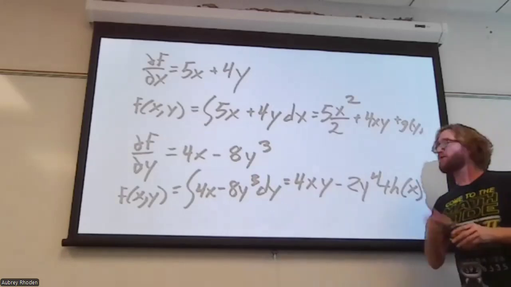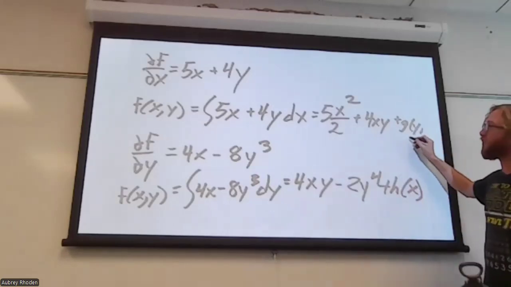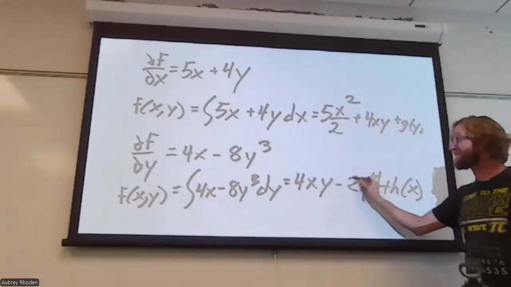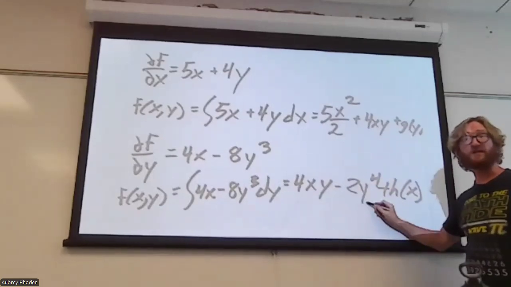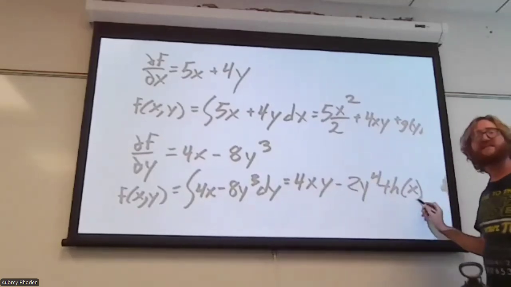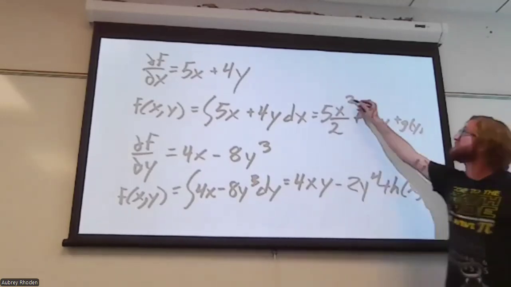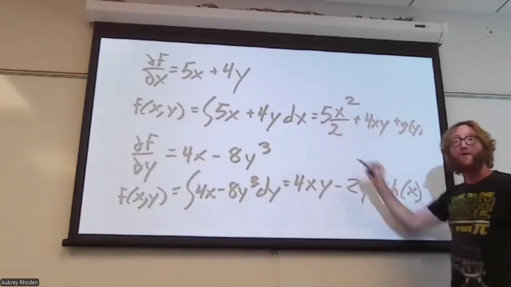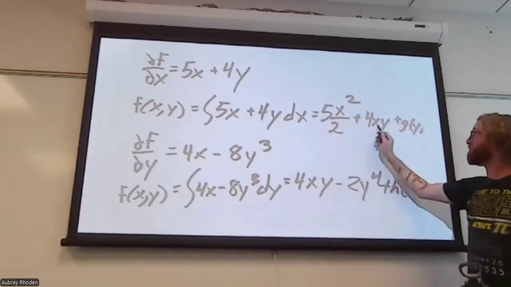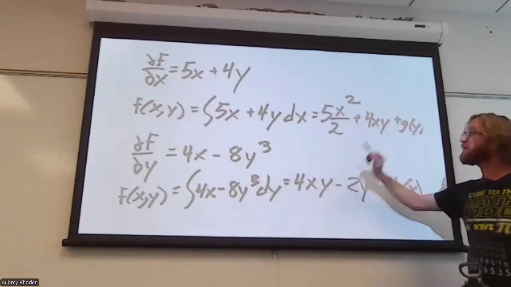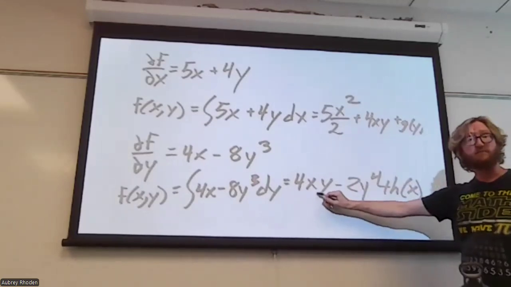Okay. So what is this g of y right here? That's that right there. Okay. What is this h of x? This h of x right here is exactly this component right here. And then there's a common element between the two, which is the 4xy. Okay.